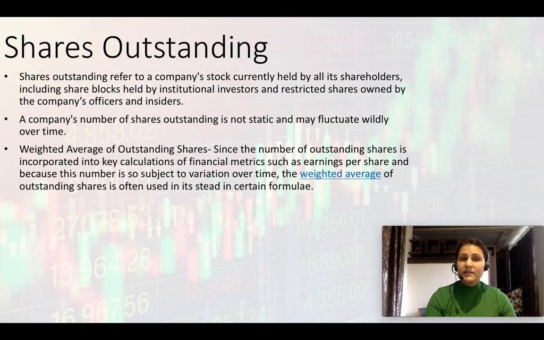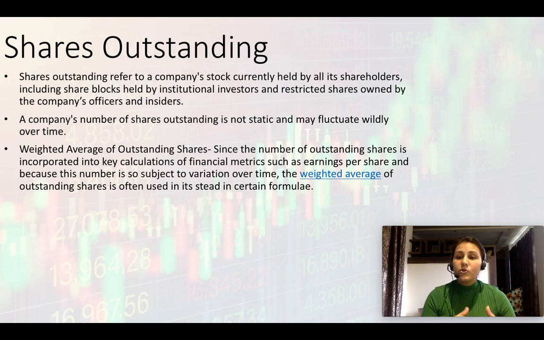Then moving next to shares outstanding. Whenever any company is declaring its stock or wants to go through the IPO process, at that point they decide how many shares they want to keep for the public, which would be in trading, and then a few shares would be restricted to the company people, the trust, and you can say all the company's officers and insiders.